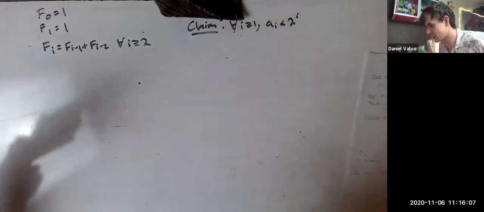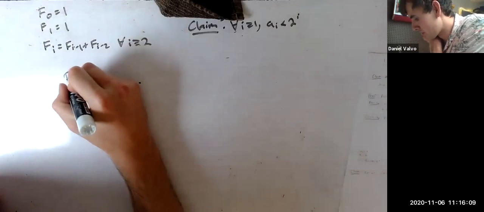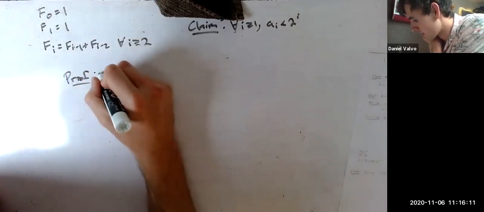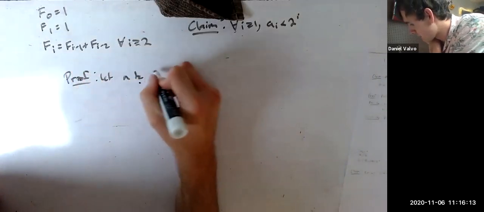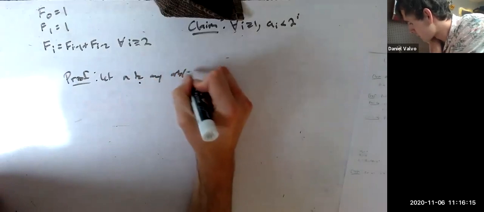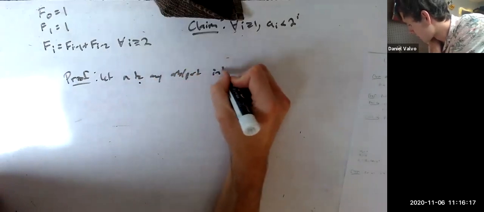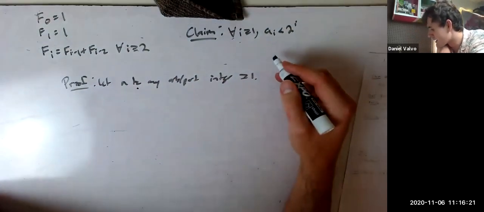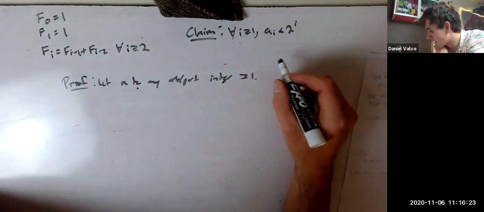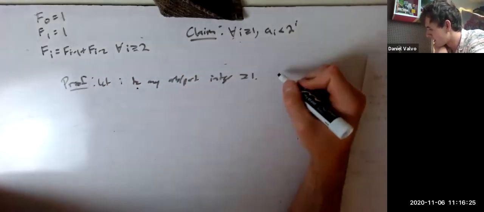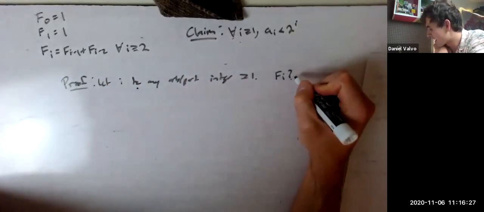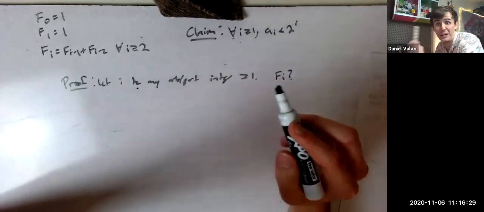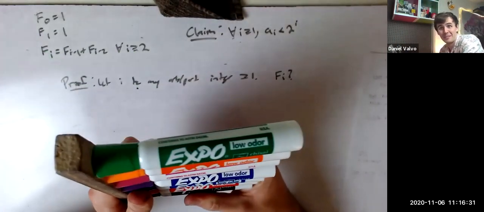If we just said, proof, let n be any arbitrary integer greater than or equal to 1, well, what's F of n? Oh, that's gross. We don't know.